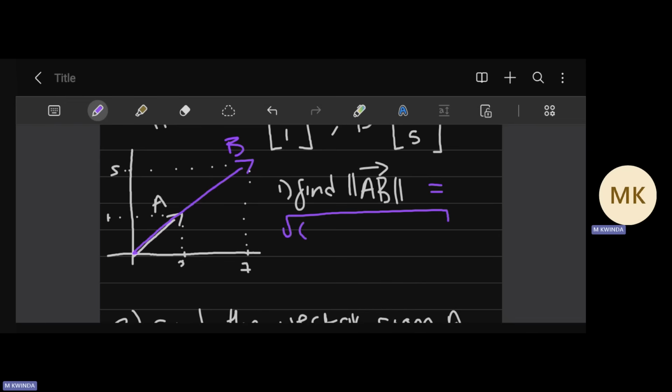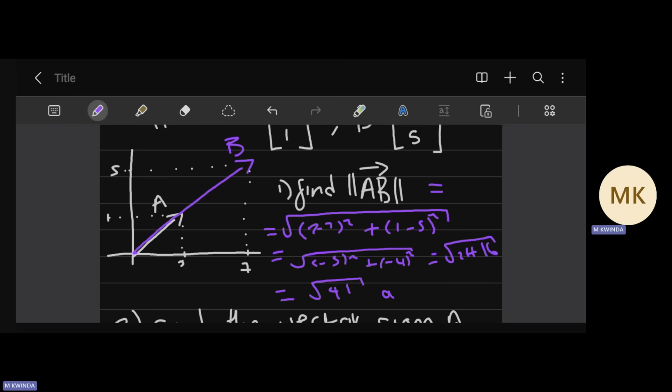So in this case, you would have 2 minus 7 squared plus 1 minus 5 squared, and that's negative 5 squared plus negative 4 squared, and that's 25 plus 16, which would give us square root of 41 units.